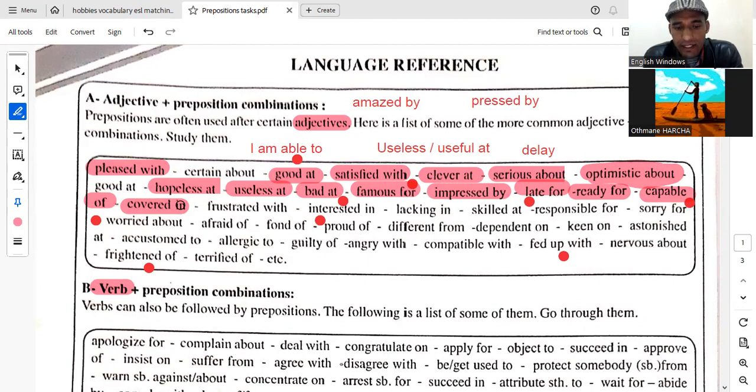It's not open-minded. Covered in is not that. It's not necessary. Not really.